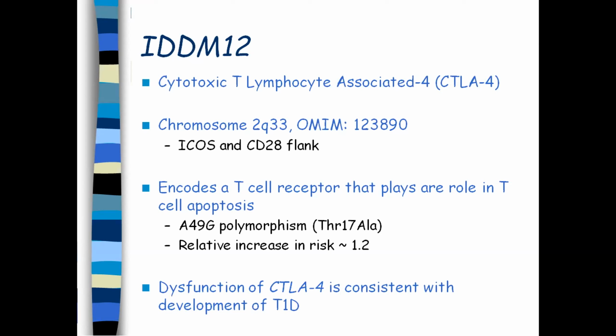What will happen if there is an alteration in the IDD M12 gene? The risk will increase up to 1.2 fold, and dysfunction of CTLA4 is consistent with the development of type 1 diabetes. So CTLA4 is nothing but cytotoxic T lymphocyte associated 4.